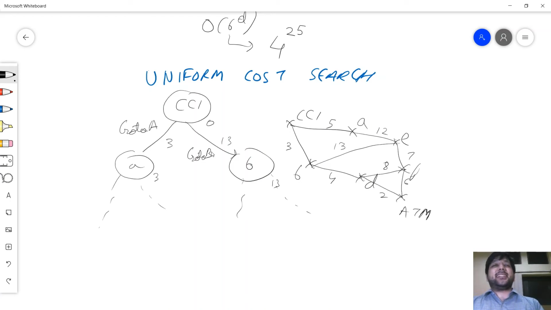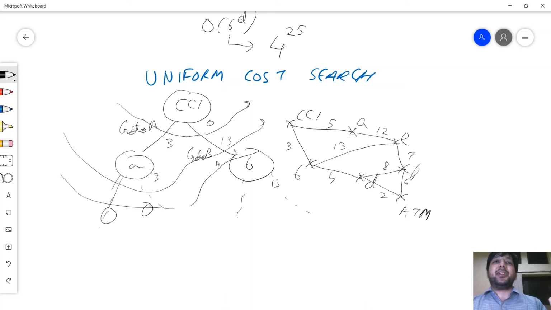So in breadth first search, first everything till a depth of 0. In uniform cost search, everything till a cost of 0. Breadth first search, then everything till a depth of 1. Uniform cost search, then everything till a cost of, in this example, 3. So first everything which has a cost of 0, then everything which has a cost till 3, then everything which has a cost till whatever comes up over here. You go around this, cost by cost.